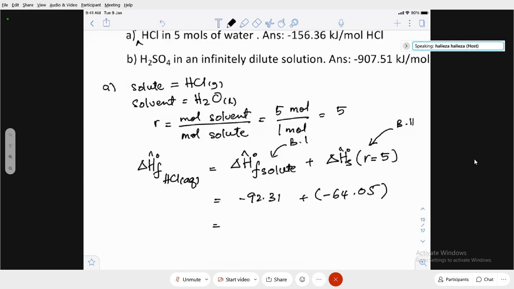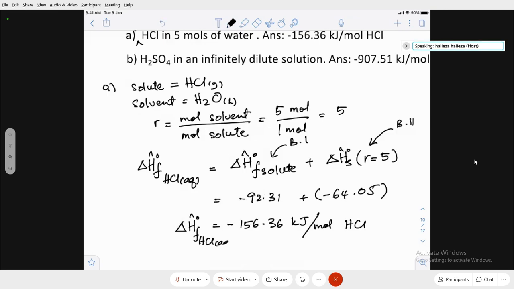So if you do the calculation, let me calculate it. 92.31 minus 64.05. I made a mistake, 0.05. So you end up with negative 156.36 kilojoules per mole of your solute. It should be per mole of your solute because this is aqueous.